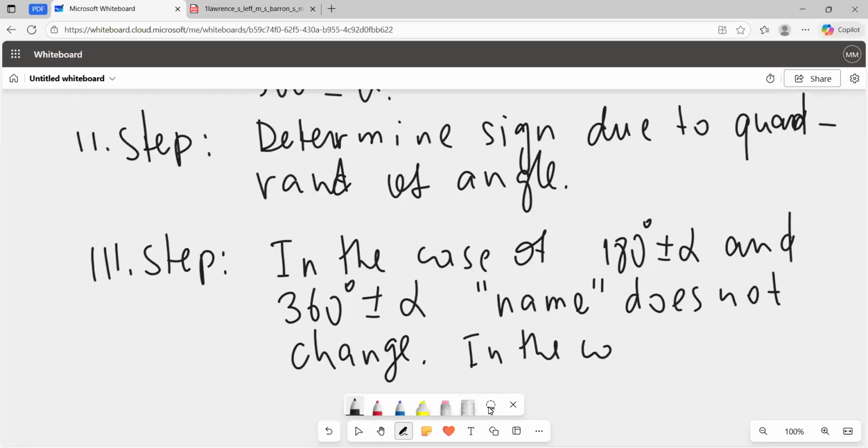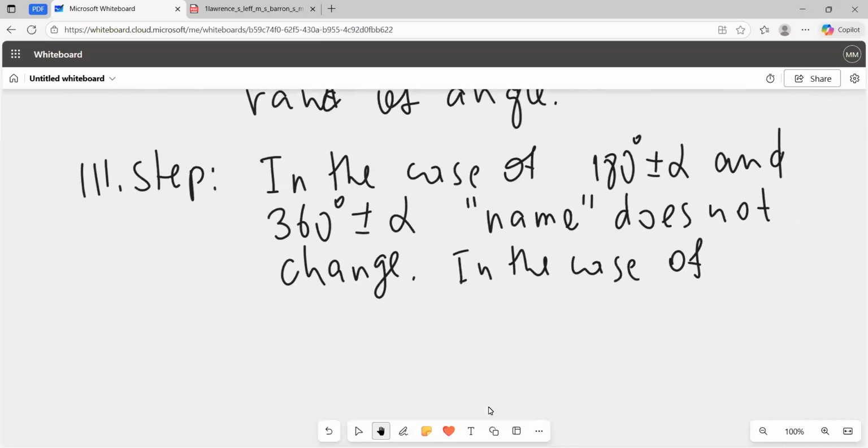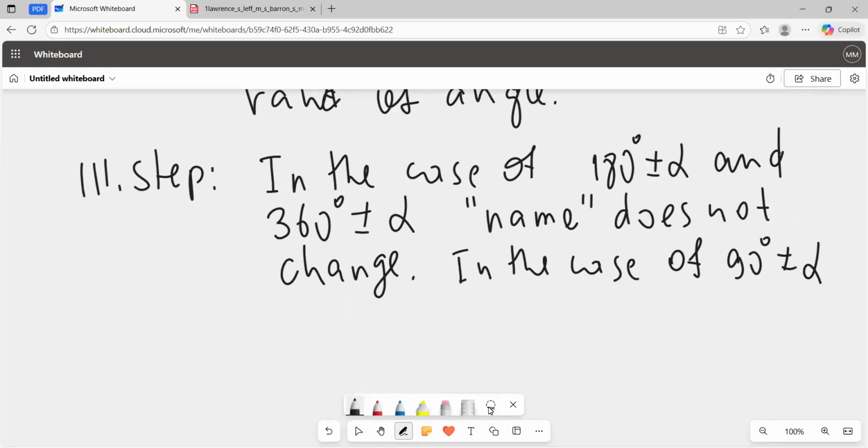In the case of 90 degrees plus or minus alpha, or 270 degrees plus or minus alpha, the name interchanges.